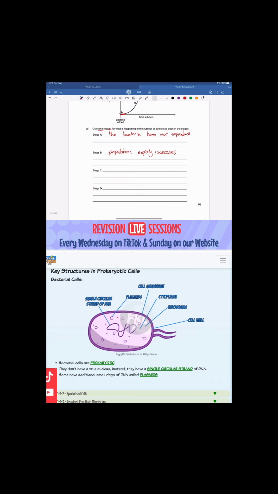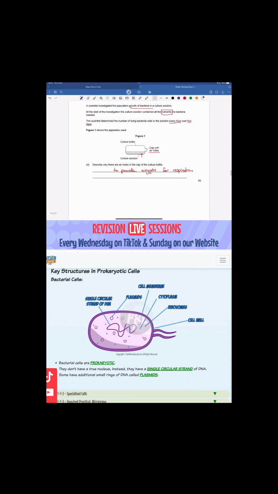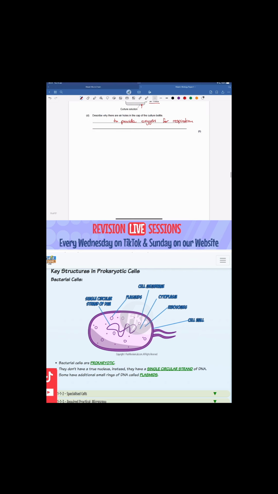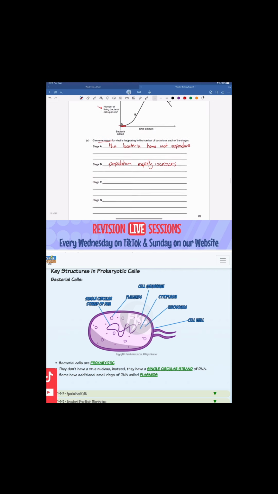Let's see what you guys are saying. Excess nutrients. Yeah, it's all to do with the nutrients. They've got loads of food available. Remember, it's a bottle, and the bottle is full of nutrients. So a lot of food. When the bacteria are first introduced, they have all that food, so they're going to eat it and reproduce.